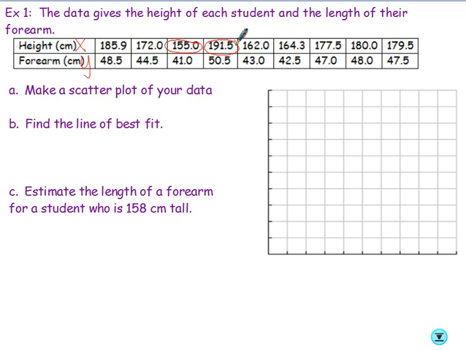Sorry, I typed that in the calculator wrong at first. So 36.5 is what we need to cover span-wise. Then I count how many boxes I have. I have 1, 2, 3, 4, 5, 6, 7, 8, 9, 10 boxes. If I divide that by 10, I get 3.65. That'll give you an idea as to what to count by.